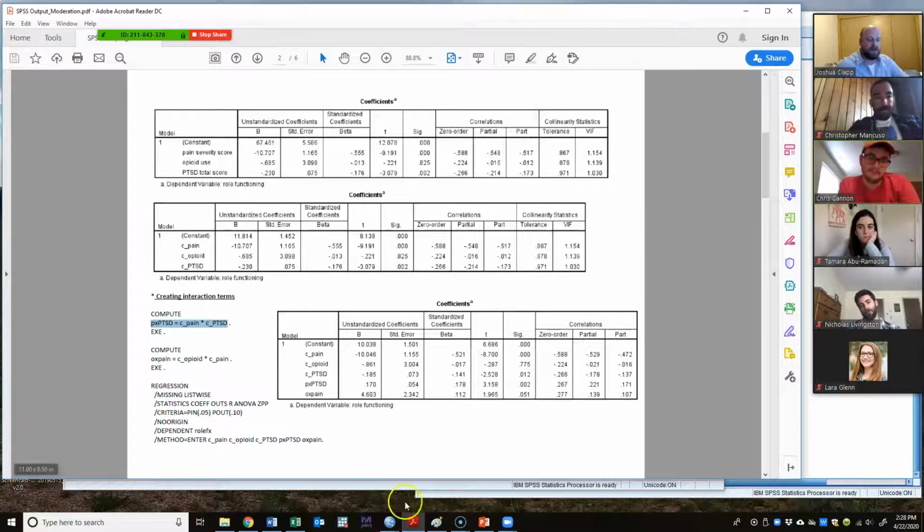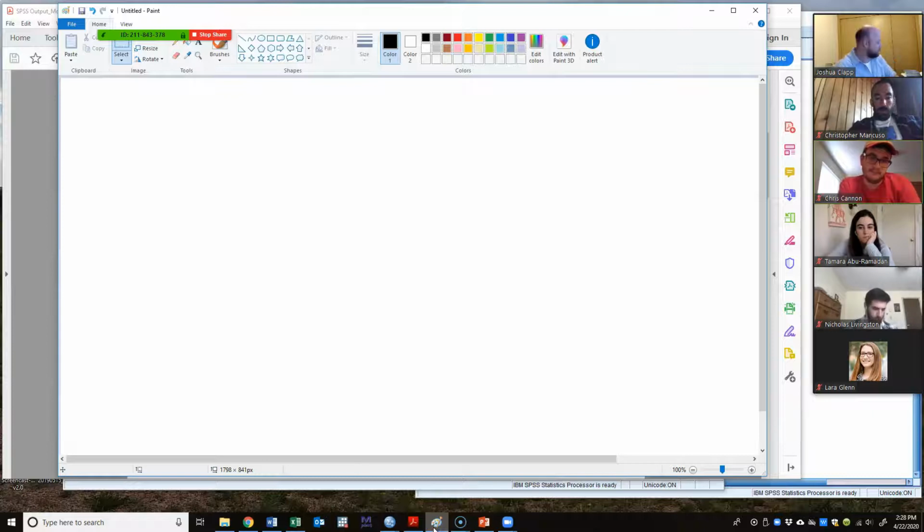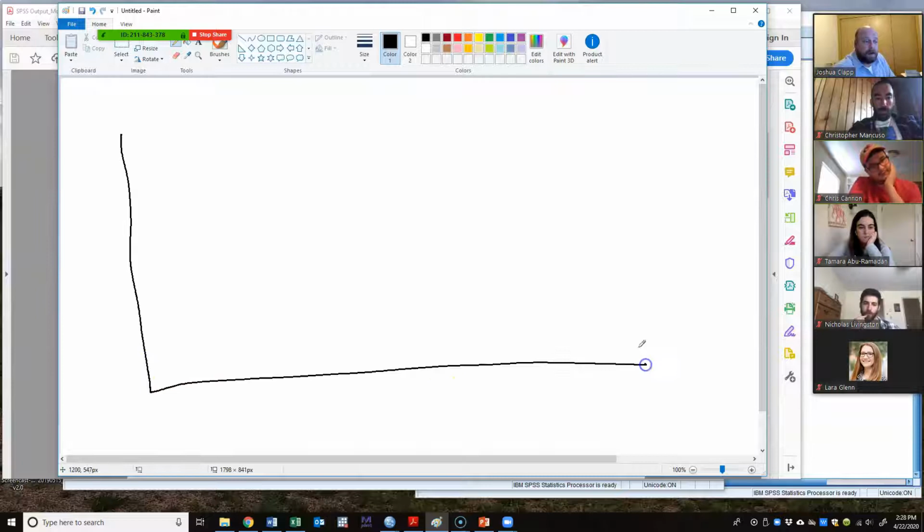So I'm going to try something new here. What we might see, all right, is we might have an effect that looks something like this, right? And this is functioning, right?